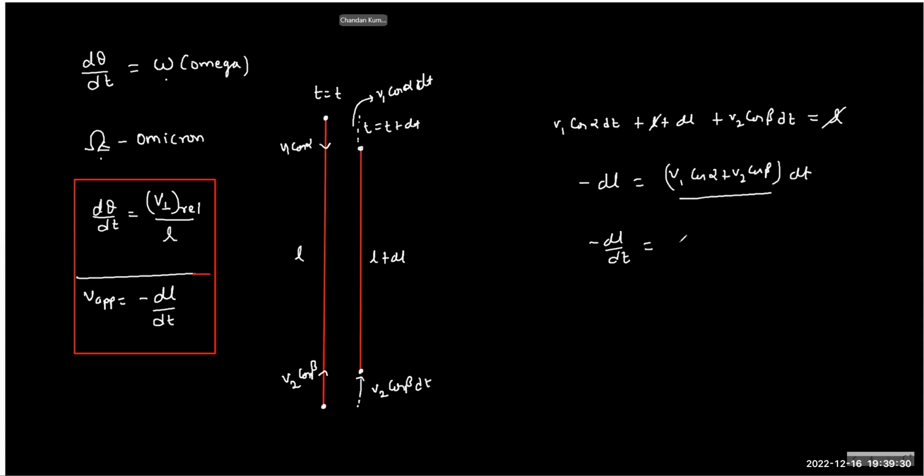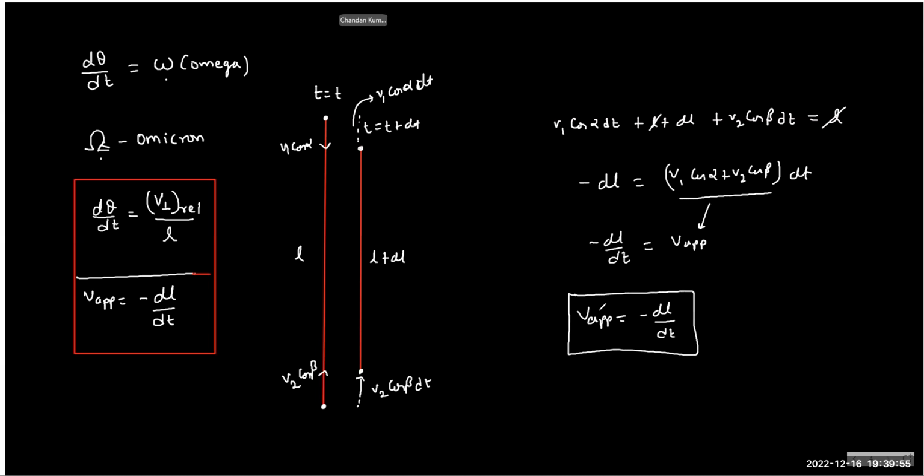This is exactly the velocity of approach, isn't it? Is this clear? So that's why I defined the V approach as the decrease in length upon time: at what rate the separation is diminishing.